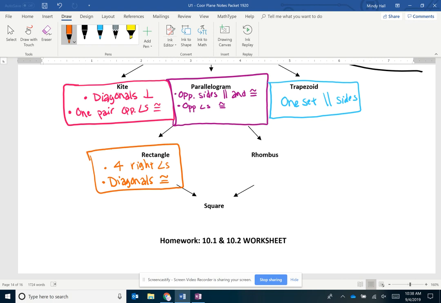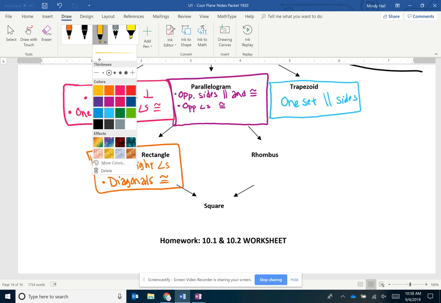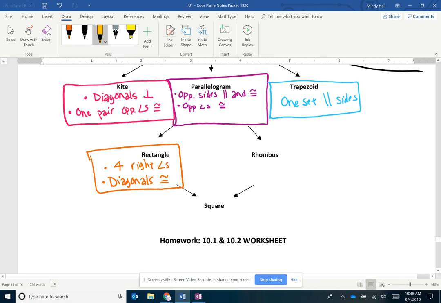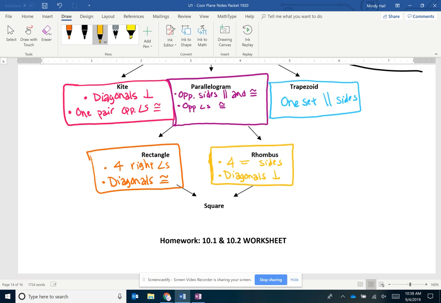Okay. So then with a rhombus, you will end up with 4 equal sides. And your diagonals are perpendicular. And one diagonal bisects pairs of opposite angles, which I'm not going to write because it'll take me a hot minute. But those are some rhombus rules.